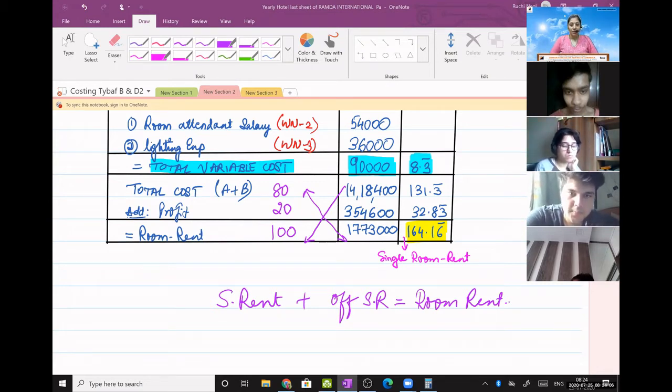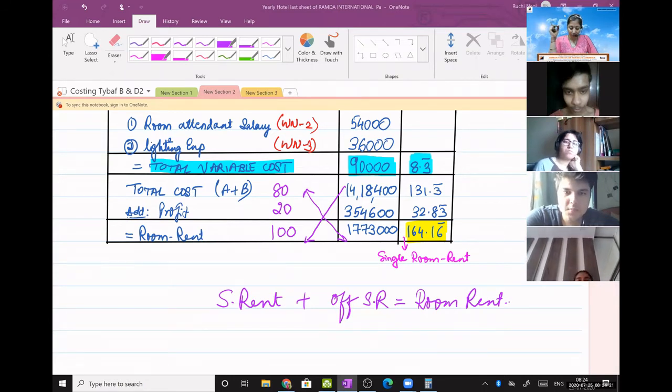Can I say season's rent plus off season's rent, मिला के दोनों को add करके, it is equal to my room rent? I'm waiting for the acknowledgement, students, then I'll move further because I have to make an equation out of this.